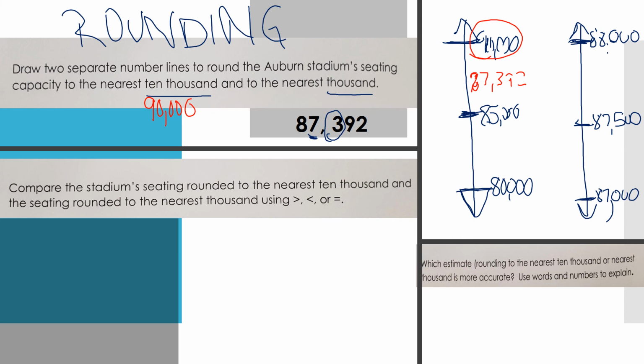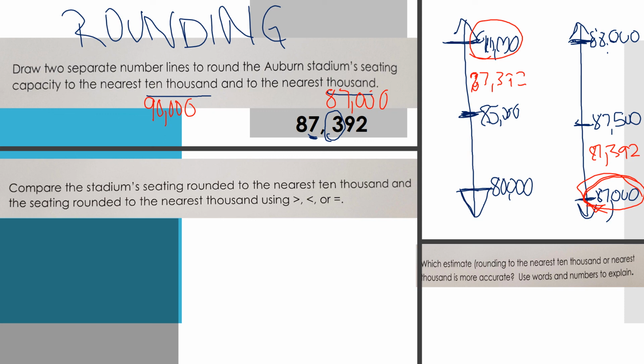And I know that 87,300 is less than 87,500. So I know that it's going to be somewhere around here on my number line. So 87,392 is closest to 87,000. So I know when I round it to the nearest 1,000, it's 87,000.